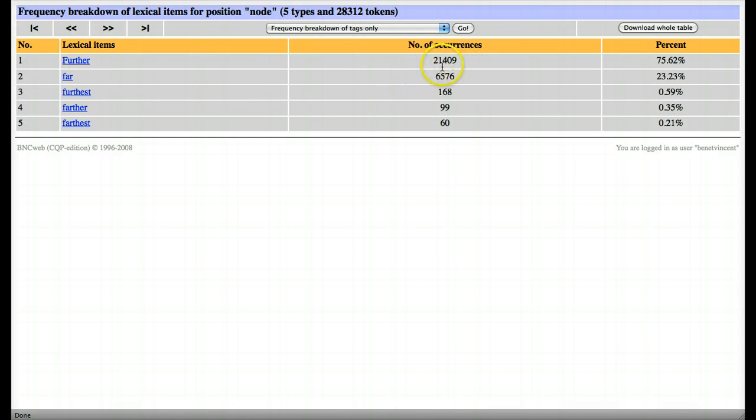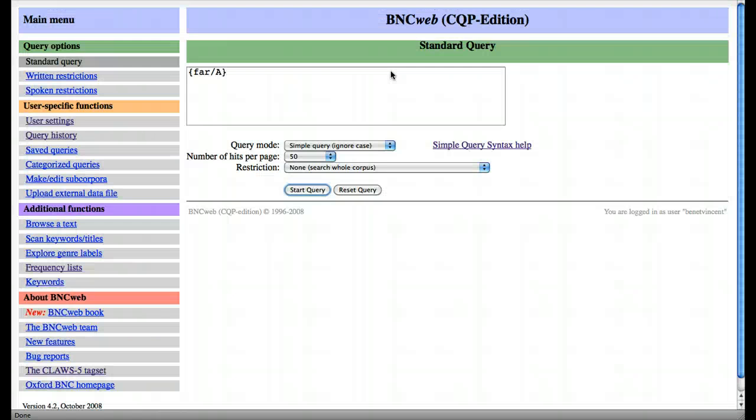And as noted in the unit, further is by far the most common, with 75% of all occurrences of far. We could of course then go to all the instances of further. I won't do it right now.